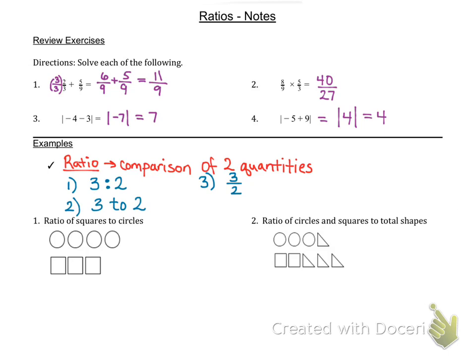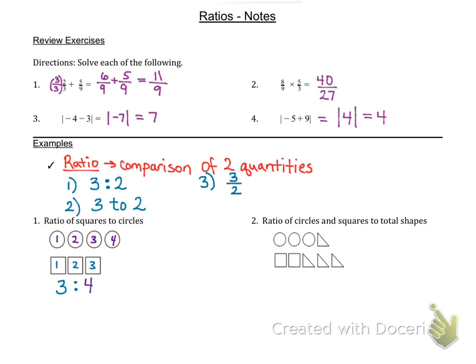Let's try some example problems. Number 1 says the ratio of squares to circles. So we want to count up the number of squares, and we have 1, 2, 3 squares. Since squares are written first, I'm going to write the squares part first. So we have 3 squares. And I'm going to write it with the colon first, and then if we count up the number of circles, we have 1, 2, 3, 4 circles.